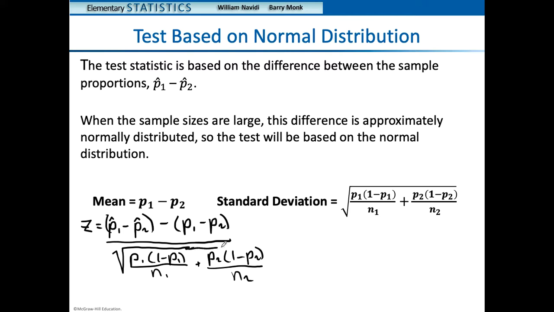Okay? So that is the formula for the test statistic.